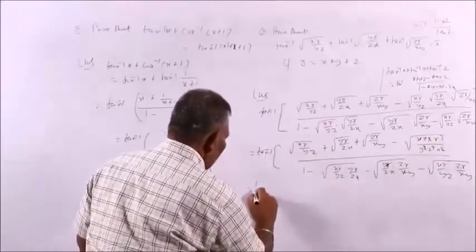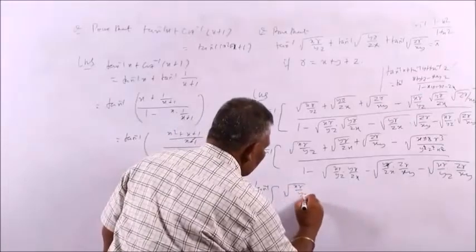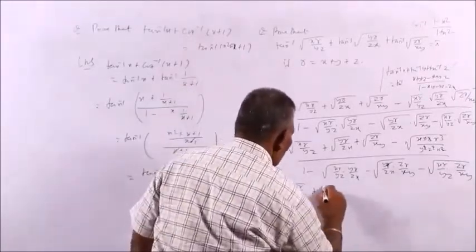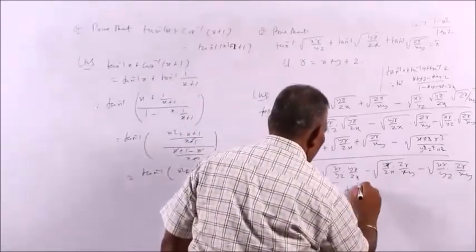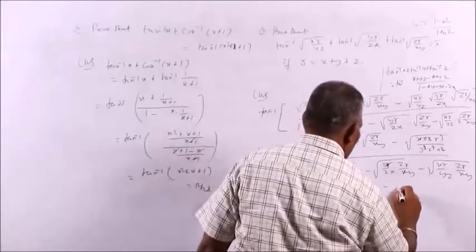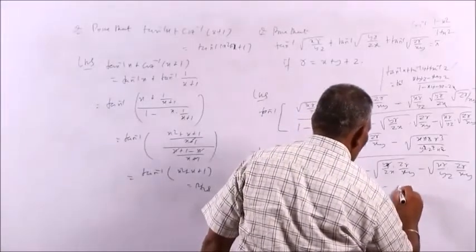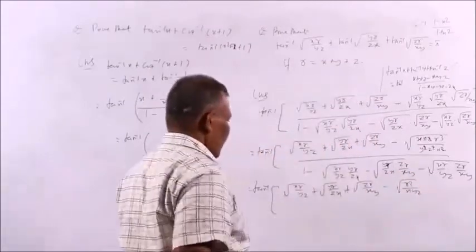So the numerator will be tan inverse of root over of xr by yz plus root over of yr by zx plus root over of zr by xy minus root over of r cube by xyz.